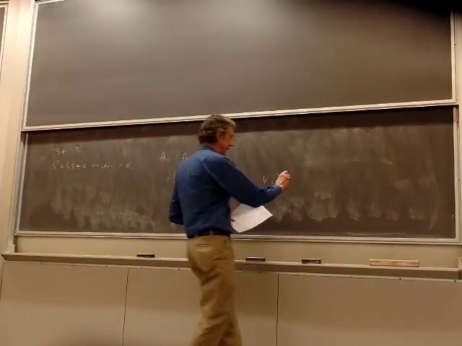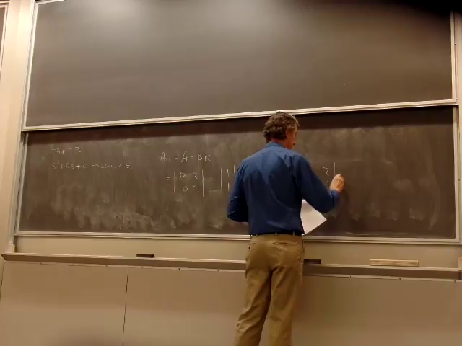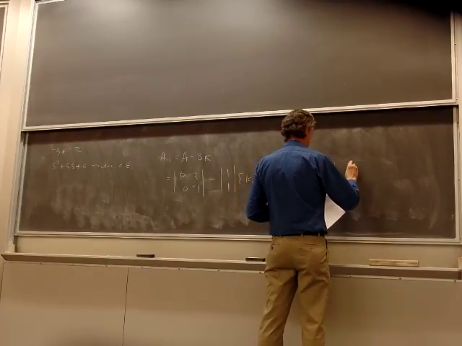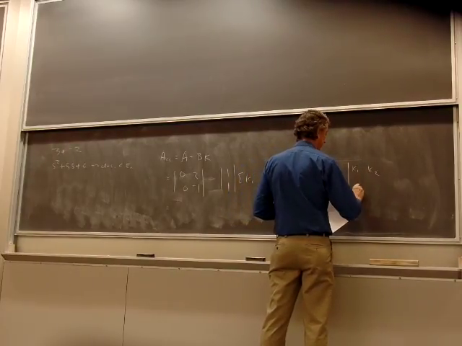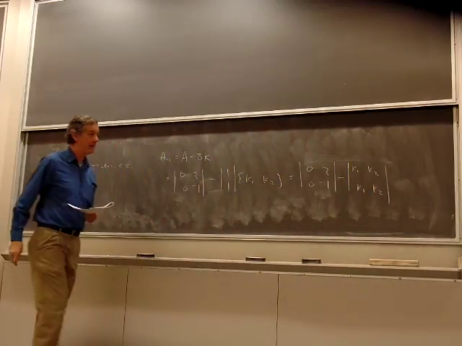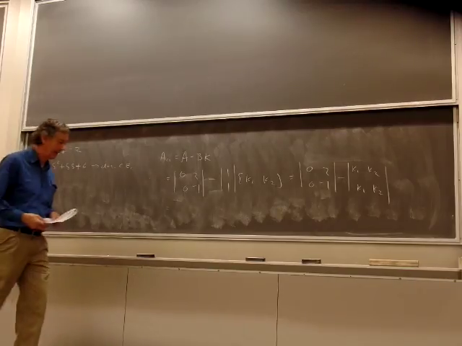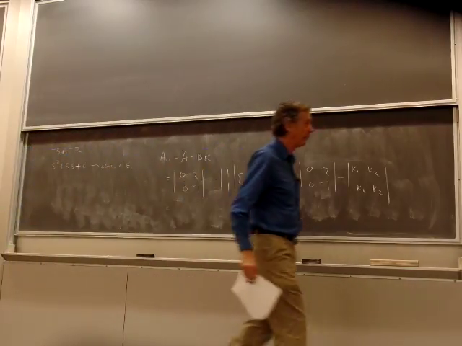So this is 0, 2, 0, minus 1, minus 0, 0, K1, K2. And then subtract, right?